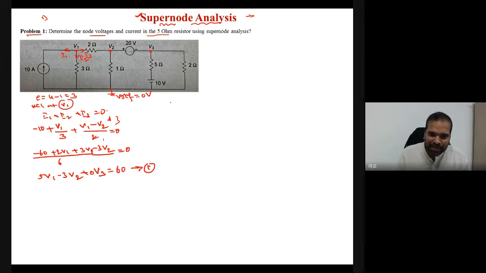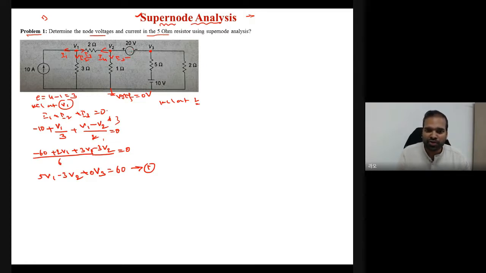Now see, can I apply KCL at V2? Before applying KCL, I should consider current is leaving from V2. This is my I4 and this is my I5. So I4 you can write V2 minus V1 by 2. I5 I can write V2 minus V0 by 1. Now when coming to this branch, V2 minus V3 minus 20, though you don't know the resistance value.